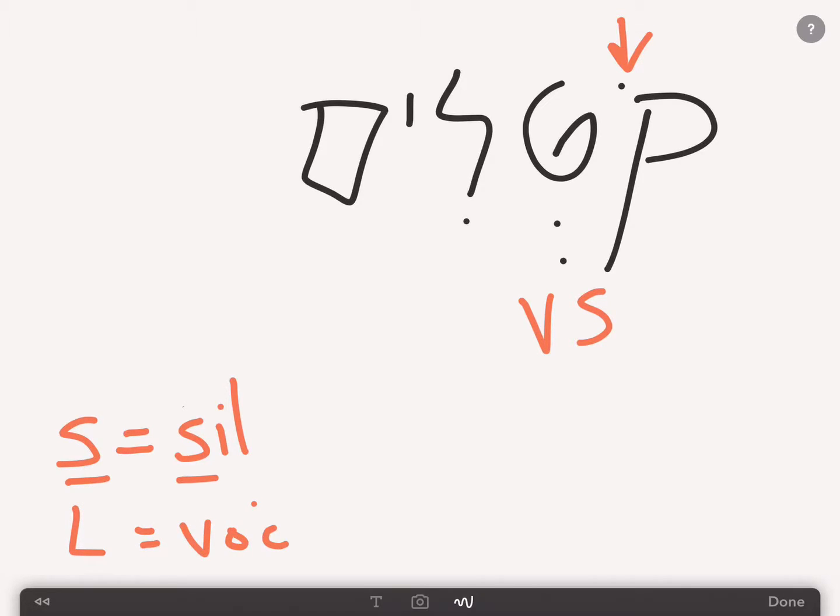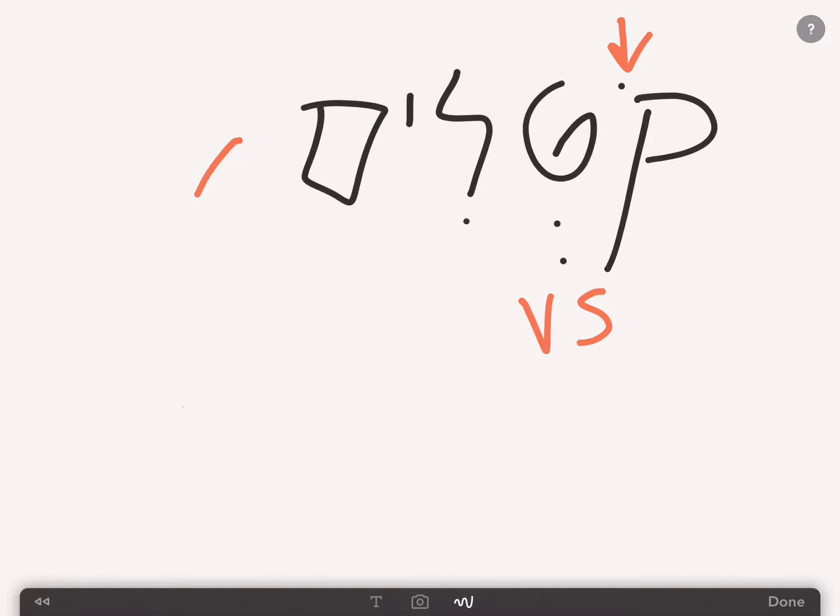But if you associate S and S, then the other one is the other one. So maybe that will help you with those. In this case, long vowel in front of the schwa equals a vocal schwa.